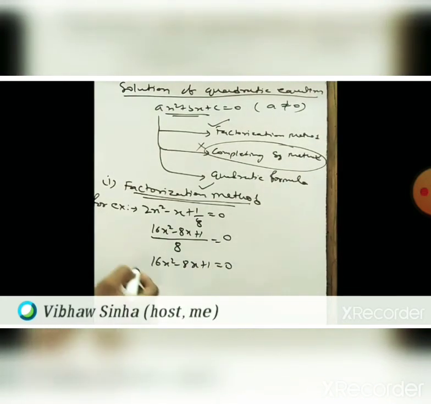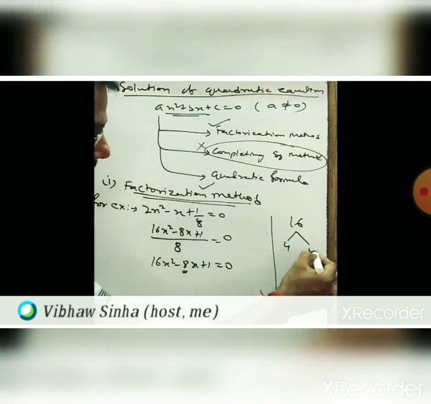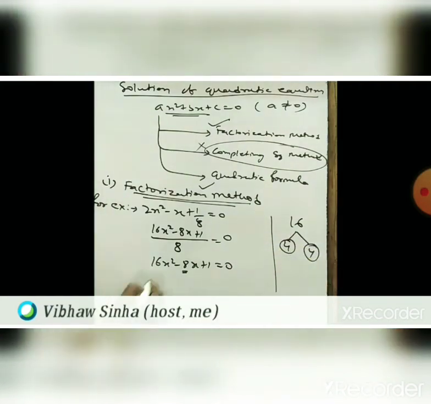Now factorize it. 16 times 1 is 16. The middle term is 8, so what factors do we have? Find the factors of 16: it is 4 times 4 is 16, and 4 plus 4 is 8. So 16x square minus 4x minus 4x plus 1 equal to 0. And 4x is common, so it is 4x into (4x minus 1), minus 1 is common, (4x minus 1) equal to 0.